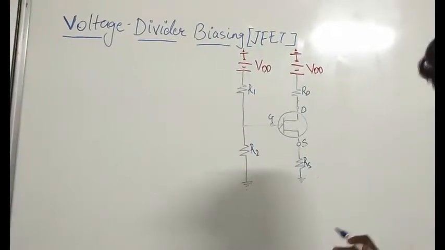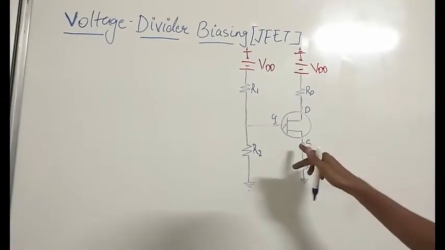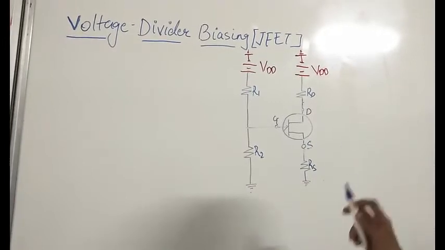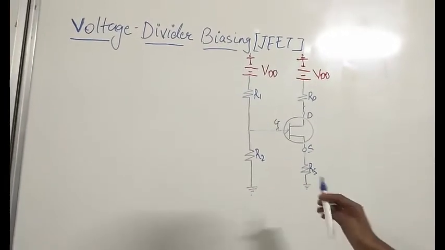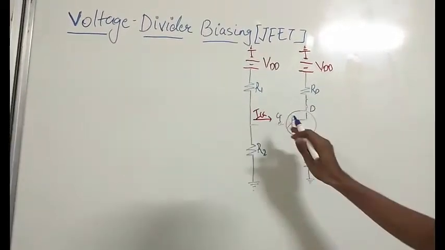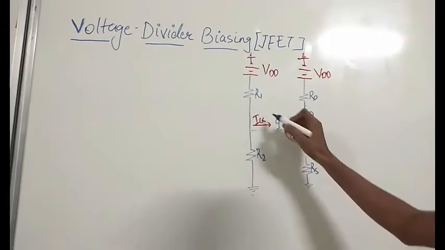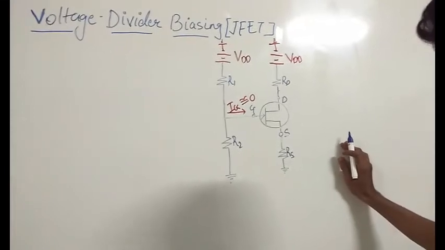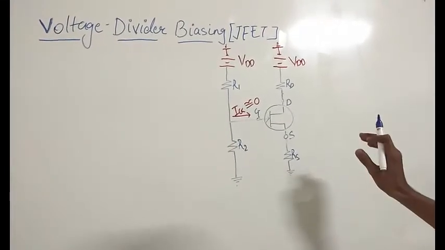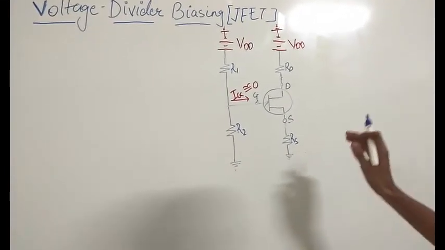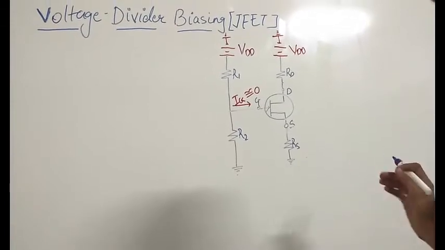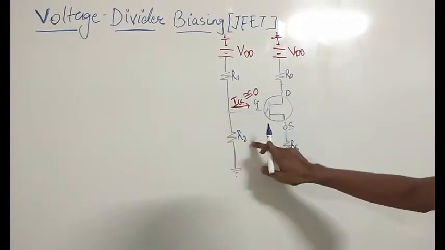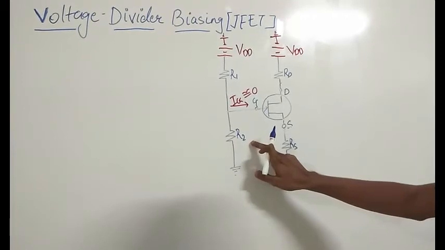A very important point regarding JFET is that the gate current IG is nearly equal to 0. This is the property of JFET, and because of this the resistors R1 and R2 are in series.